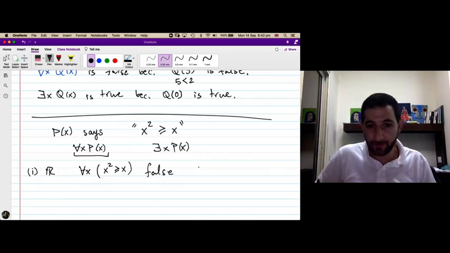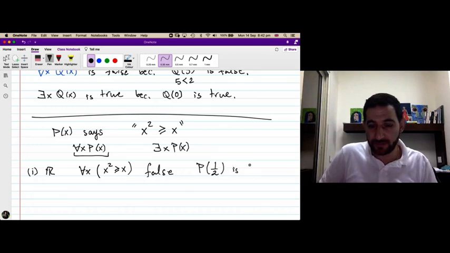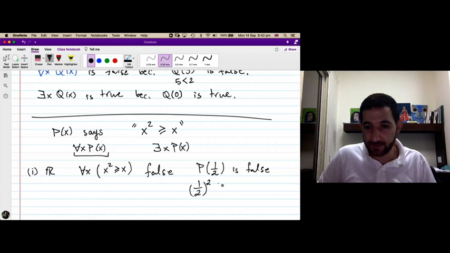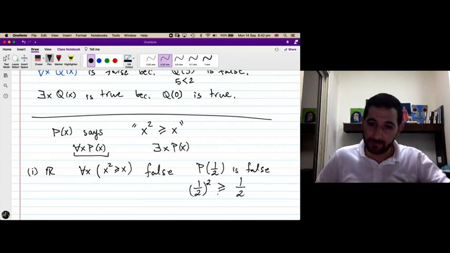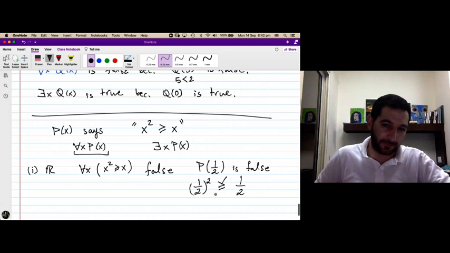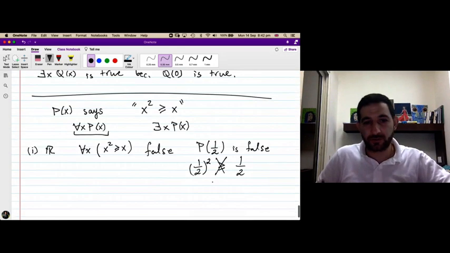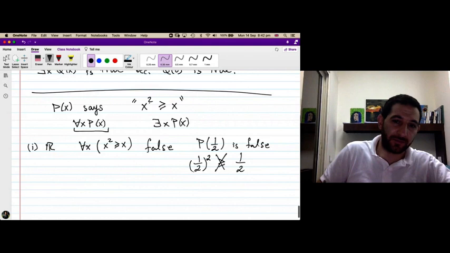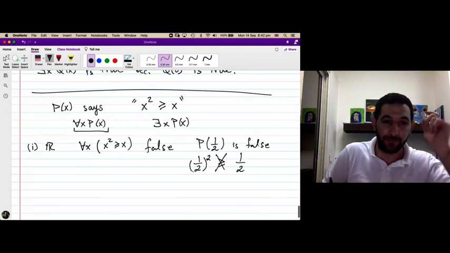In particular, P of half is false. Half doesn't have property P because half squared, which is a quarter, is not bigger than or equal to half. So not every element in the real numbers has property P.